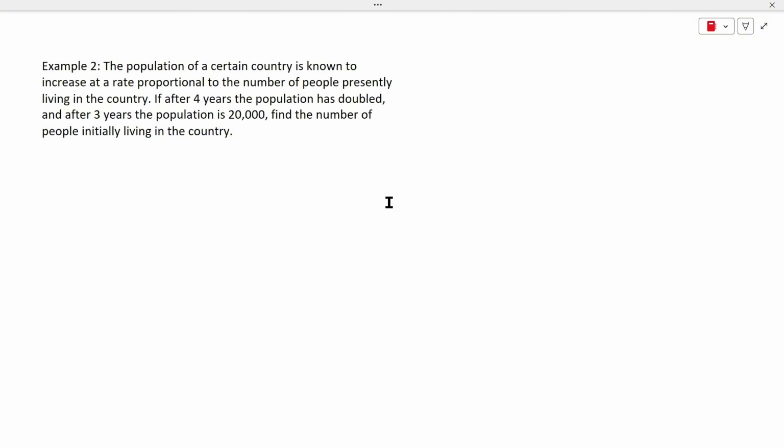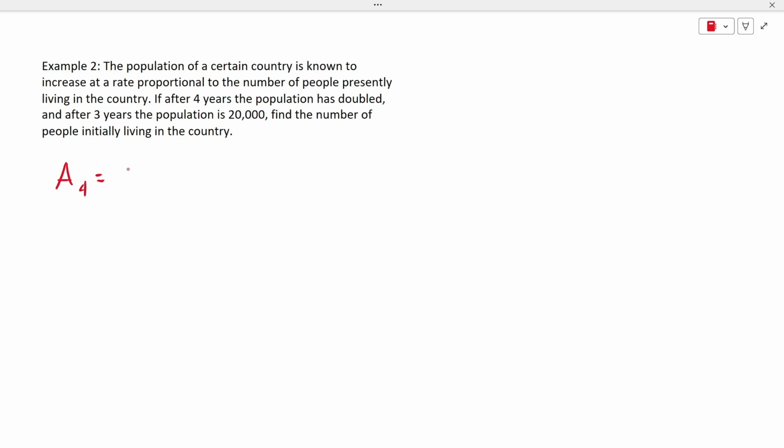Let us first analyze the given. Here we have after 4 years, A sub 4, the population has doubled.